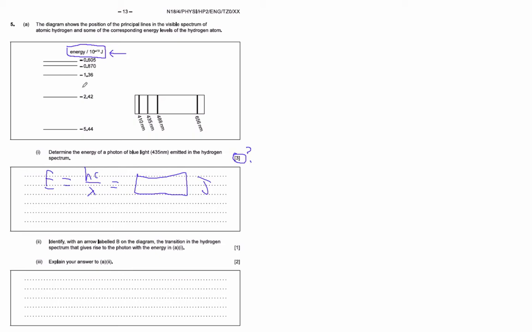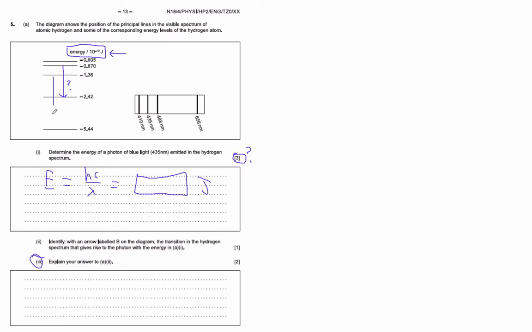When you find that value, you're looking for some difference here that equals that. And this is, of course, what your explanation is: the energy, it's going to be a downward transition. So, does this work? Does 0.87 to here work? Well, no, that's not big enough. Does this work?